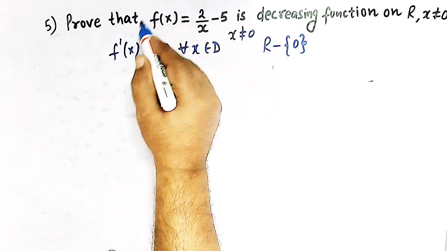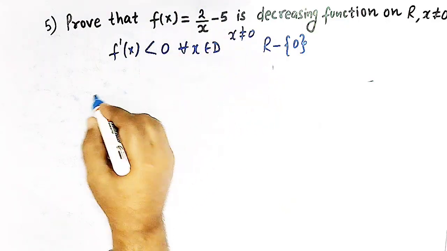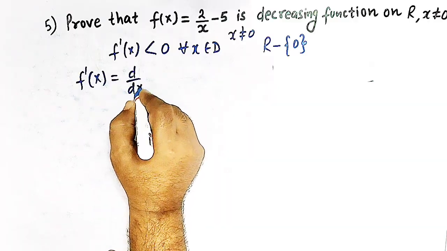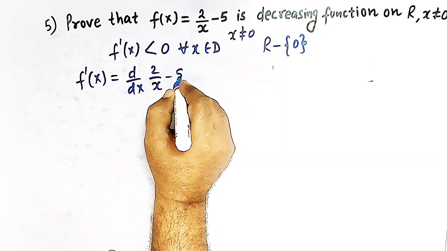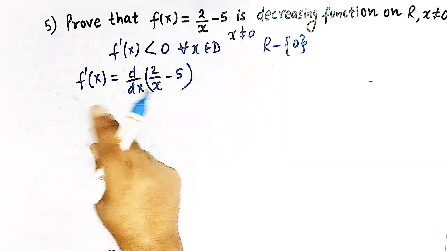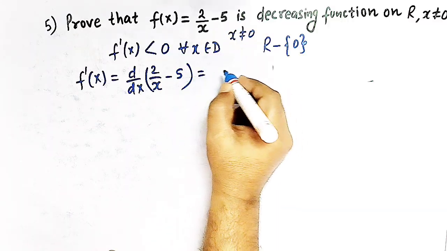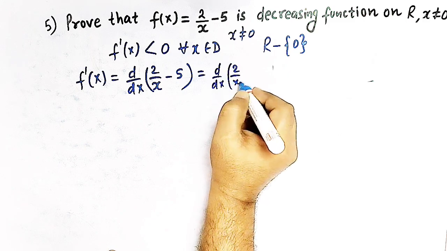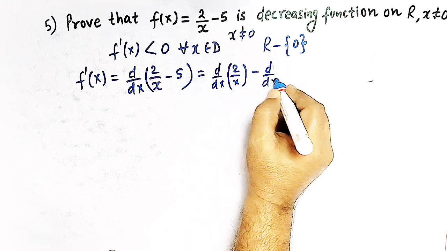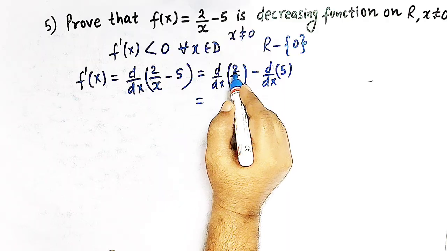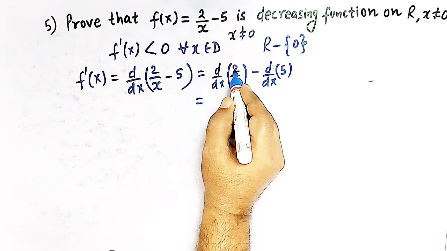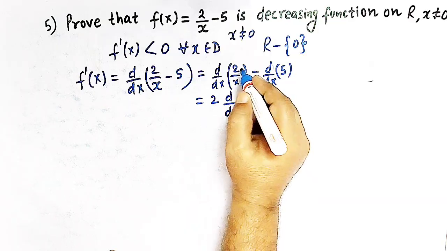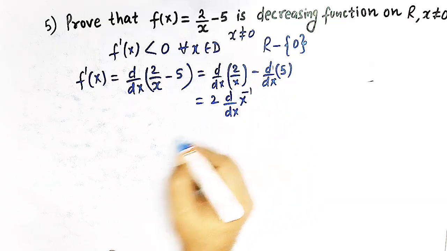So here what we will do, we can find out the derivative. So f prime of x is given by d by dx of 2 over x minus 5. So the first step is to get the derivative of this function. So here we have d by dx of 2 over x, then we have minus d by dx of 5. So here we can take 2 outside this derivative operator. So we have 2 and d by dx of 1 over x, which can be written as x raised to minus 1.